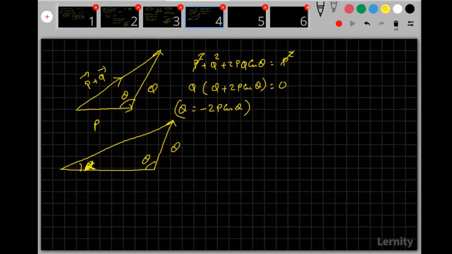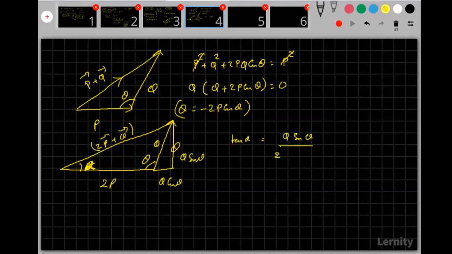They're asking about this angle. If I drop the perpendicular here, this is Q, this is Q sine theta, and this is Q cos theta. So I can say that tan alpha is equal to Q sine theta divided by 2P plus Q cos theta.